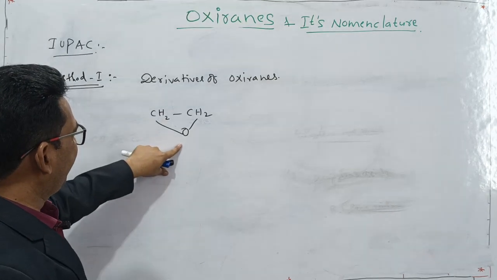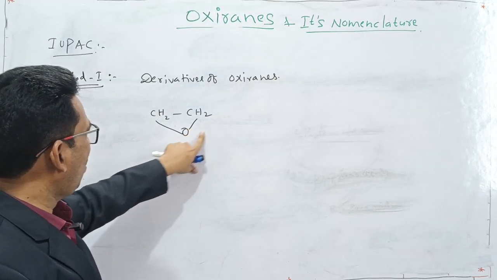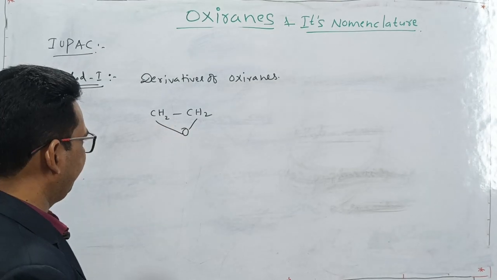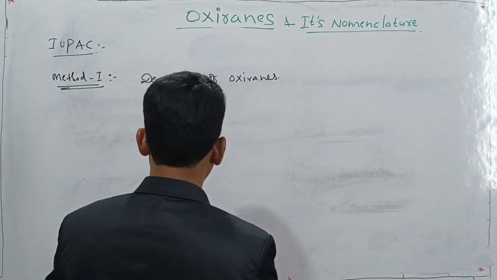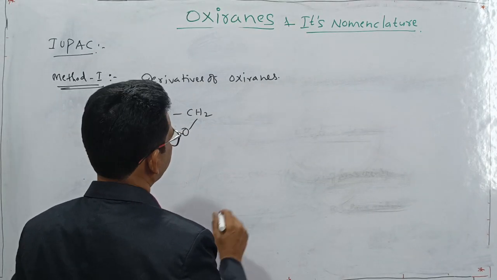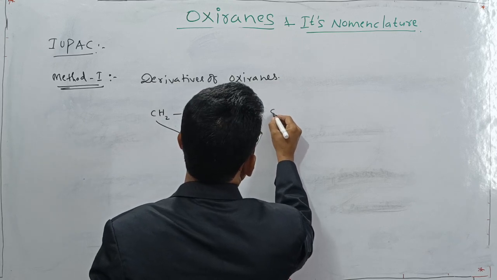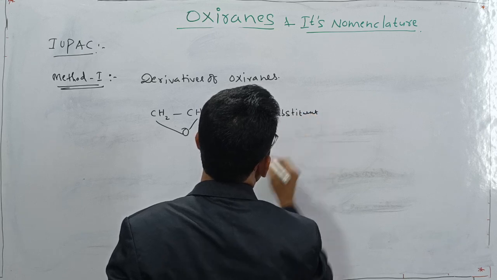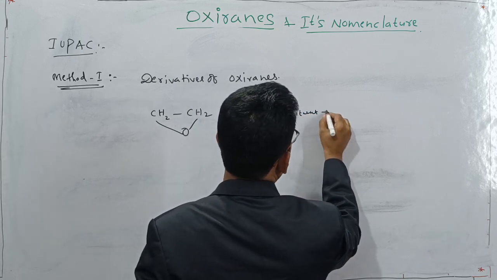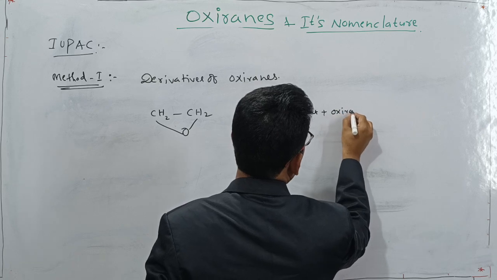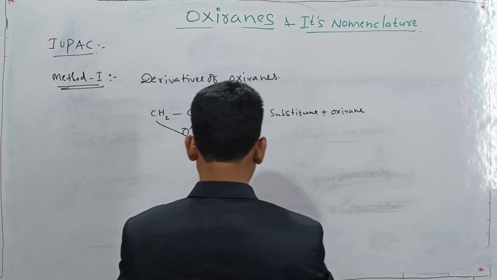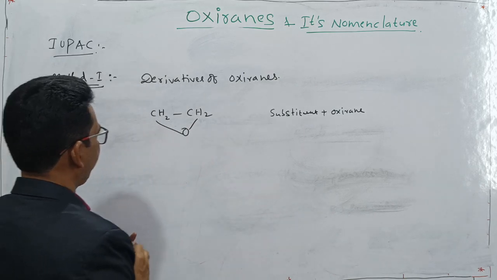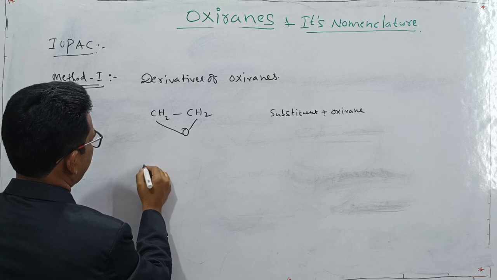For this we are giving the name oxirane according to IUPAC. Then how are we writing the name for this one? Just remember, we write the substituent first, plus we add the name oxirane. Then how will it be? I will give one example. Just see, this is the compound.